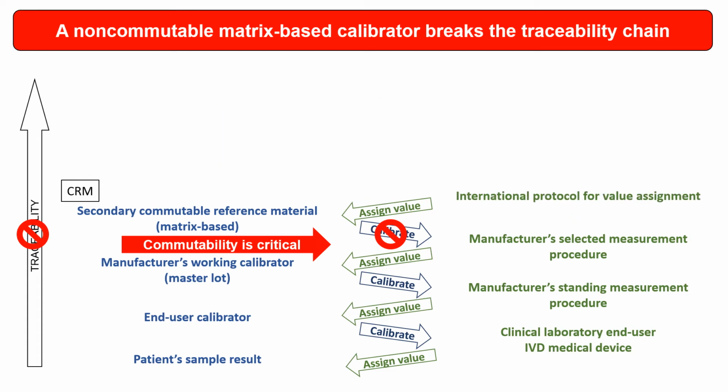In addition, also in the ISO standard, a certified reference material, secondary commutable reference material, may be the highest order available material, and again, if it is not commutable with clinical samples for all of the measurement procedures for which it is intended to be used, again, the calibration hierarchy is broken at that position.